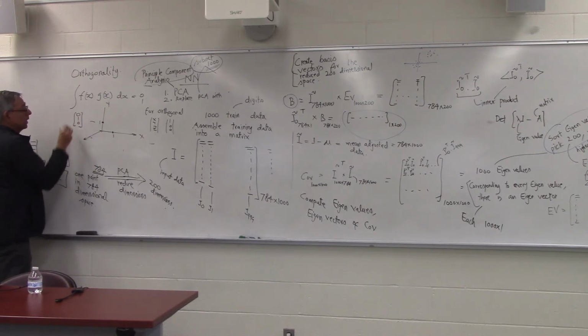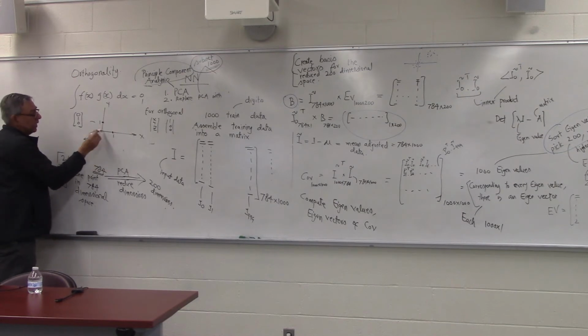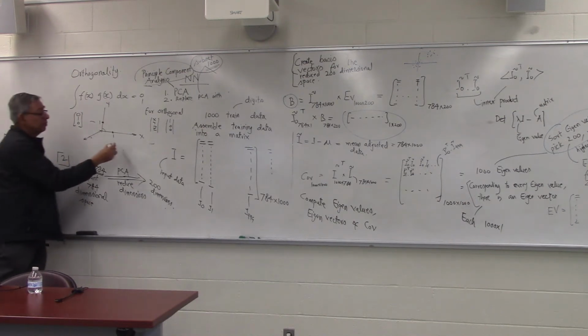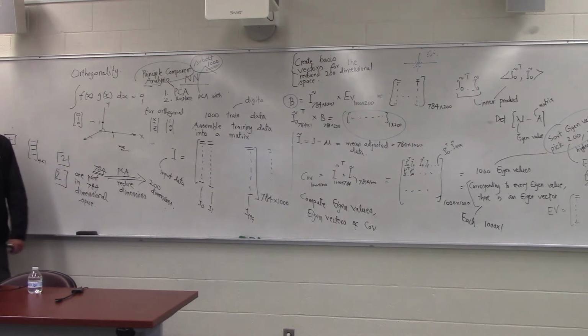So my question is, visually you can see, are they 90 degrees? But mathematically, how do we show that they are orthogonal? The integral becomes a summation in the discrete world, right?